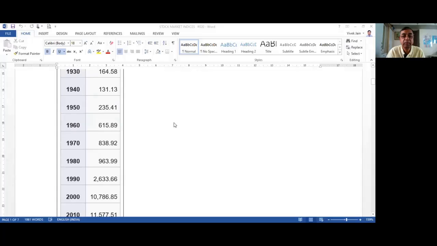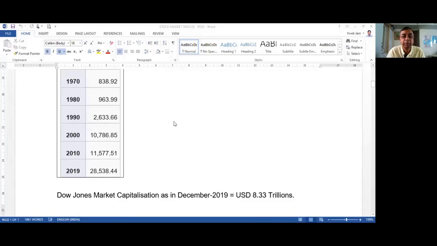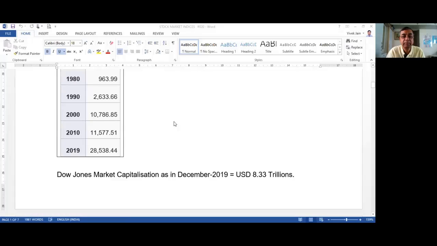Between 1930 to 1940, it took a dip because of the huge bear market which prevailed in this decade. Thereafter, it again started rising, 1950, 60, 70, 1980. Between 1980 and 1990, it rose by more than 2.5 times. And between 1990 and 2000, it rose by nearly 4 times.